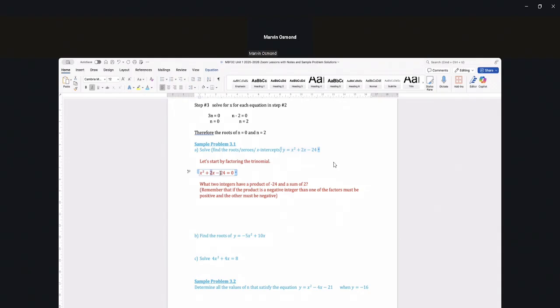Now remember, when we multiply two integers and the product is negative, that means that one of the integers has to be positive and one of the integers must be negative. No other choice. That's the only way to get a negative answer when we multiply two numbers. One positive, one negative, because if they're both positive or both negative, we'll get a positive answer.